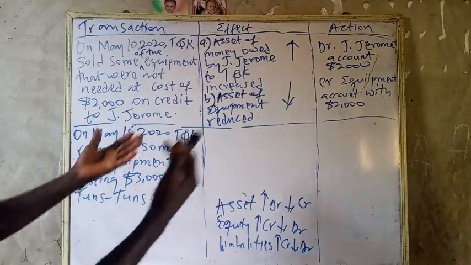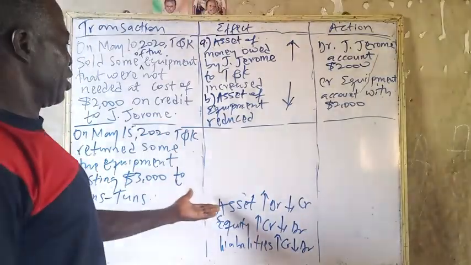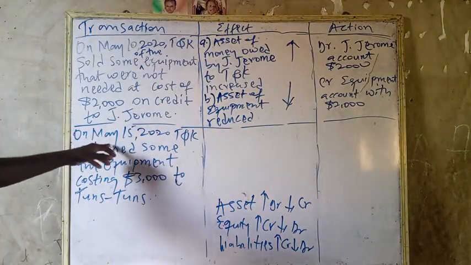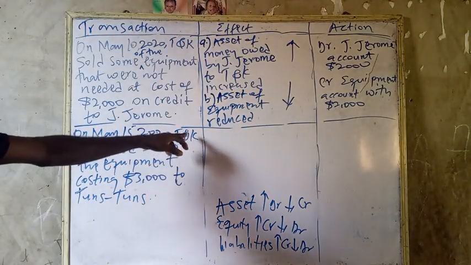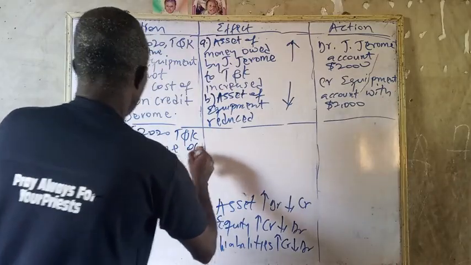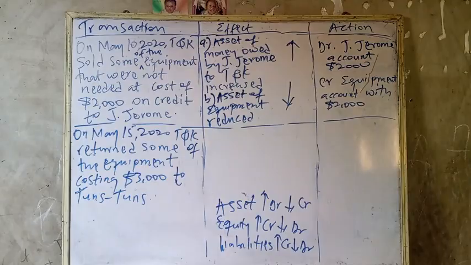This transaction, what did this transaction affect? Is it asset, equity, or liability? Let me interpret. On May 15, 2020, T and K returned some of the equipment costing $3,000 to Toonstones.